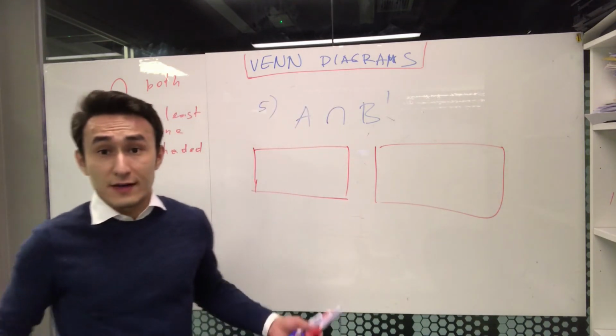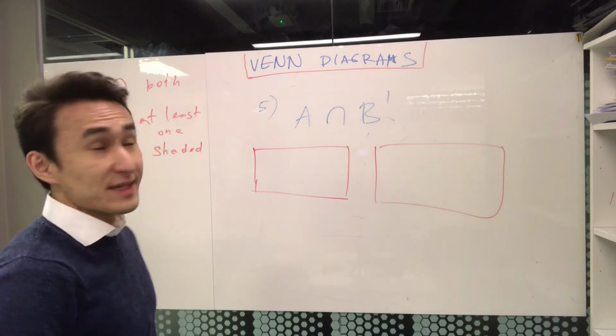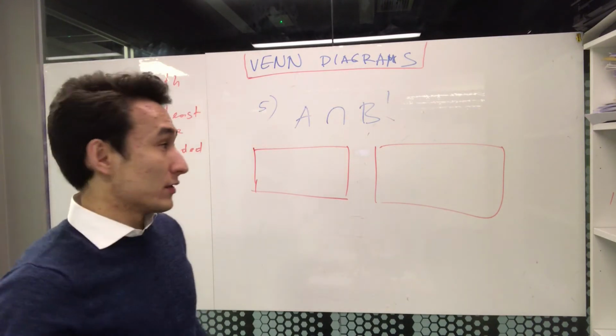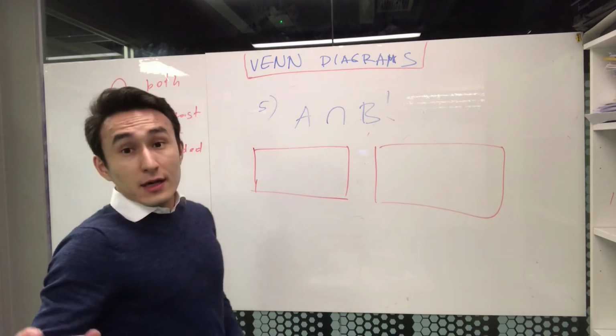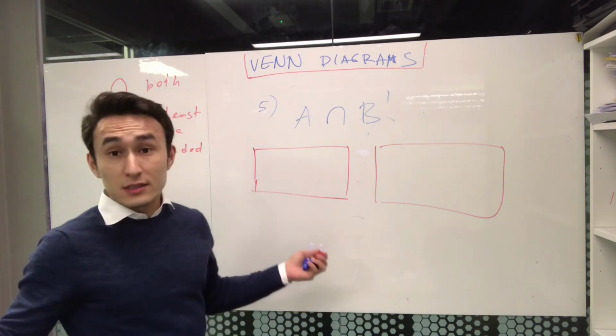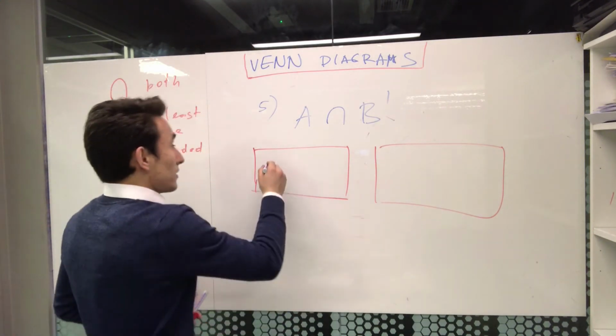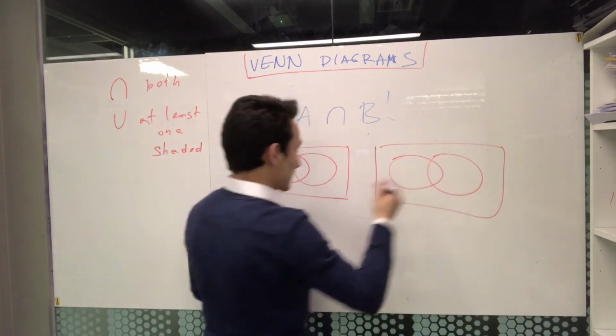Now you might ask, is there a faster way? Yes, there is, but this is more detailed, and I recommend you to do step by step. Later on you'll realize faster ways, but if you are new to this topic, then this is the best way to think about this.